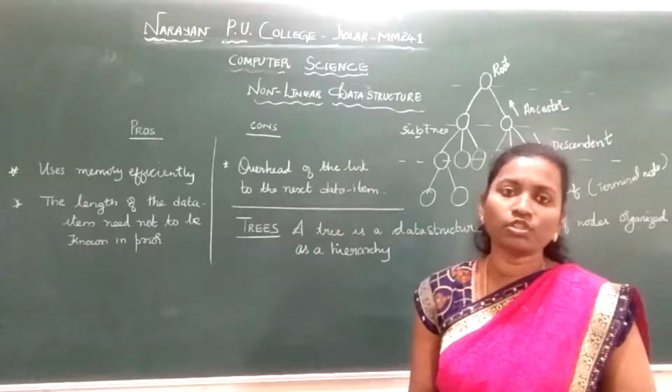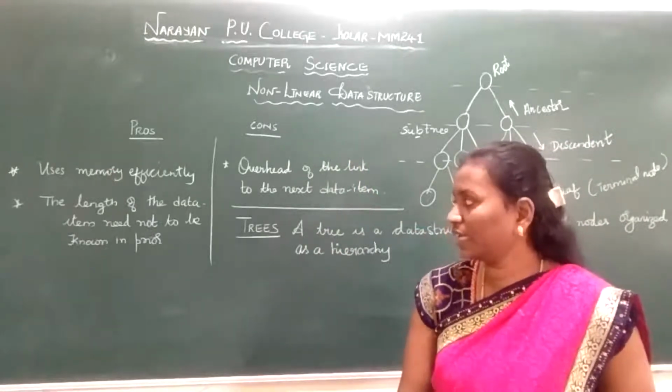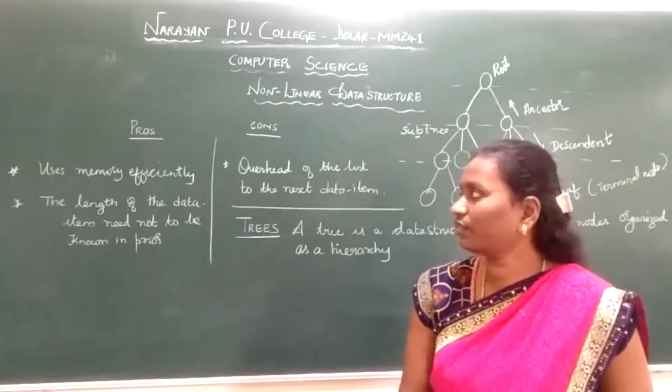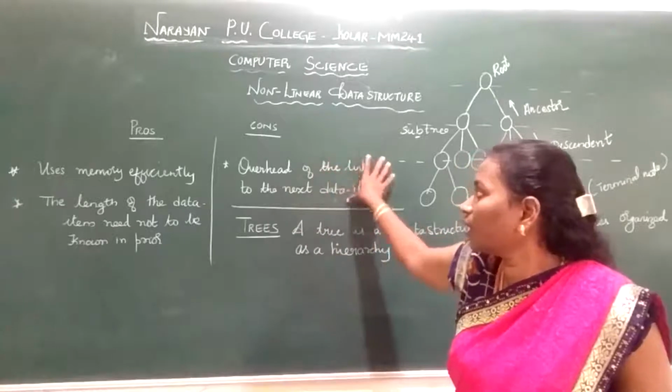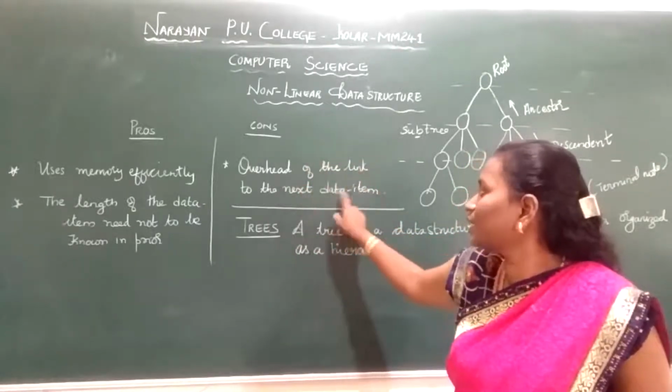First, we'll see the pros and cons of a non-linear data structure. It uses memory efficiently. The length of the data item need not be known in advance. That is the advantage. The disadvantage is the overhead of the link to the next data item.